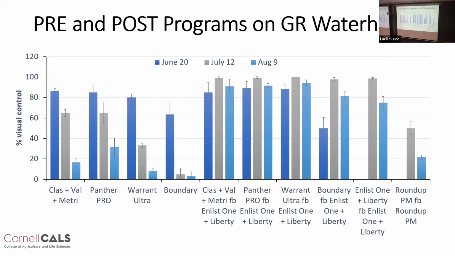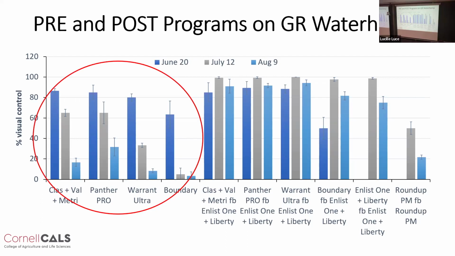Preliminary results, this is the one-year data from a grower field, pre-applied herbicides. I'm not going to go too much into the details of what those are, but look at this. This is just a pre-applied, nothing else done, just one shot of pre-herbicide application, on glyphosate-resistant waterhemp in a highly infested soybean field. We observed very inconsistent visual control throughout the season.